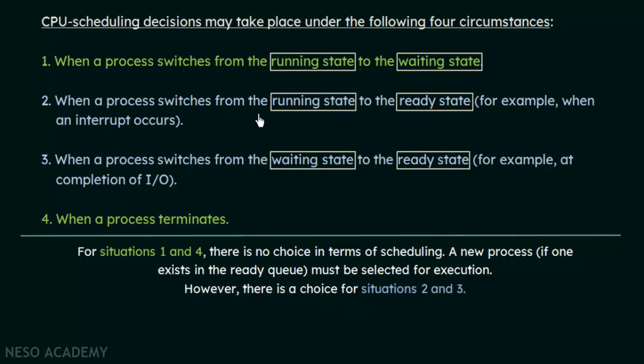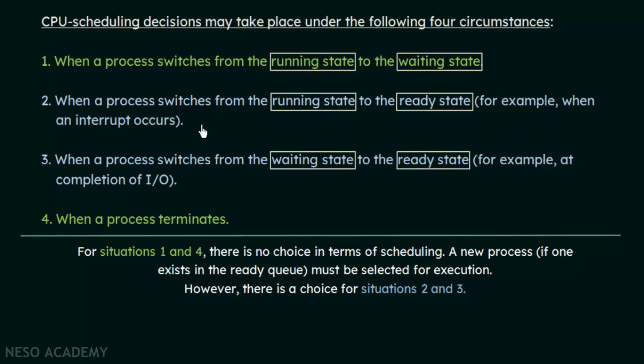When a process switches from the running state to the ready state, for example, when an interrupt occurs. If you closely observe at this point, we see that the process did not go to a waiting state, nor has it completed its execution. That means it is not in a waiting state and also it has not yet terminated. So when does this happen? This usually happens when an interrupt occurs.